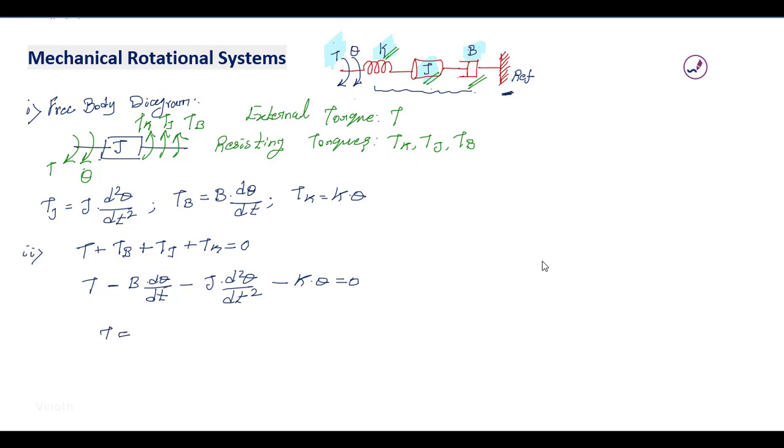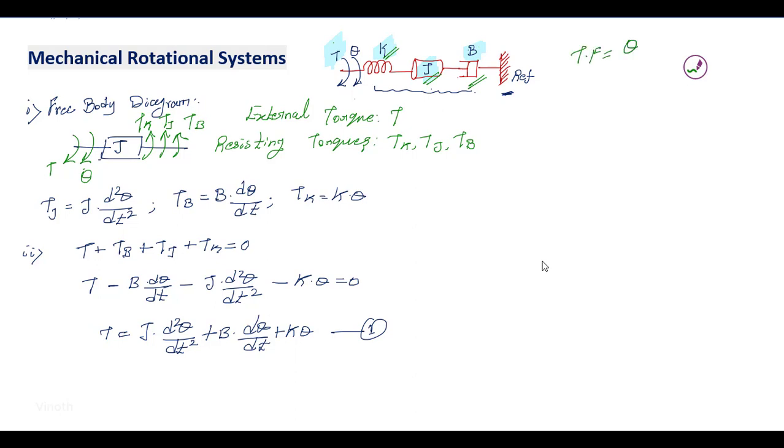Taking these negative terms to the right side, T is equivalent to the sum of these terms. This is equation 1.